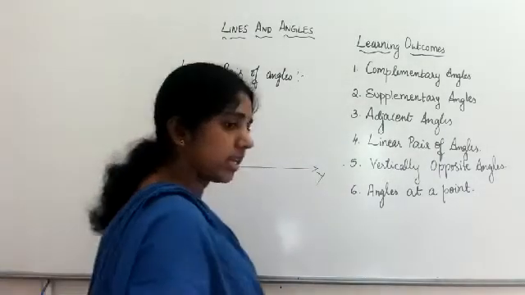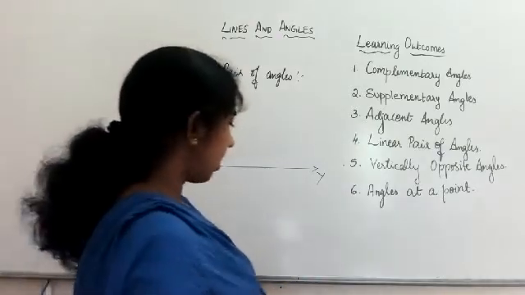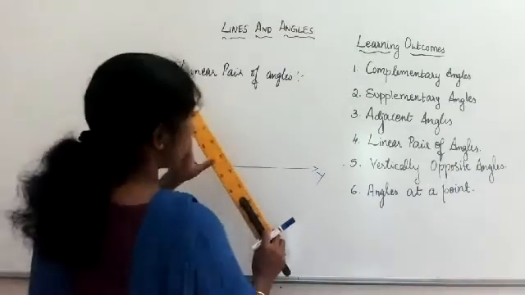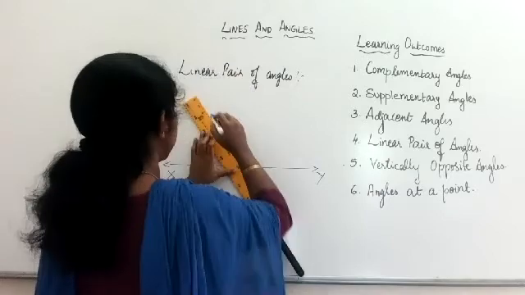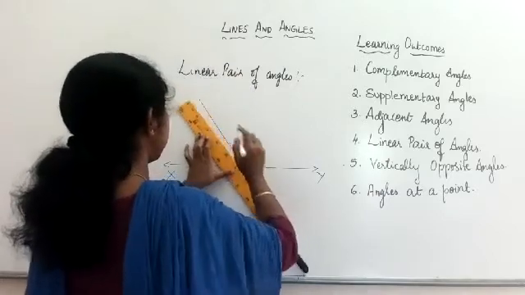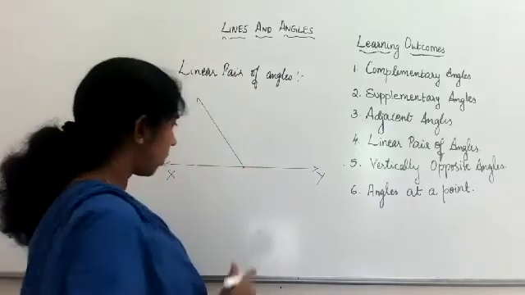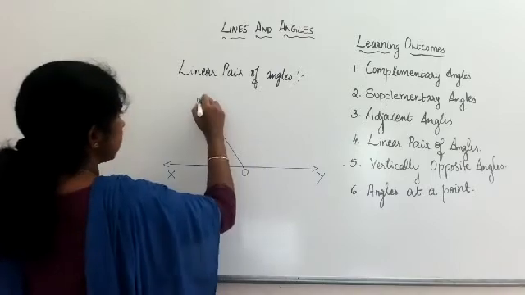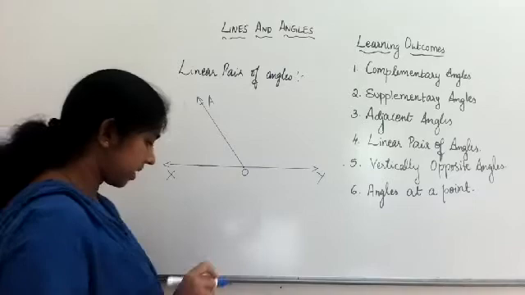Now, on this line, I am going to draw one more, a ray. So this is a ray on this line. Let me say those rays meet at a point O. So let this be OA. We name it as A.